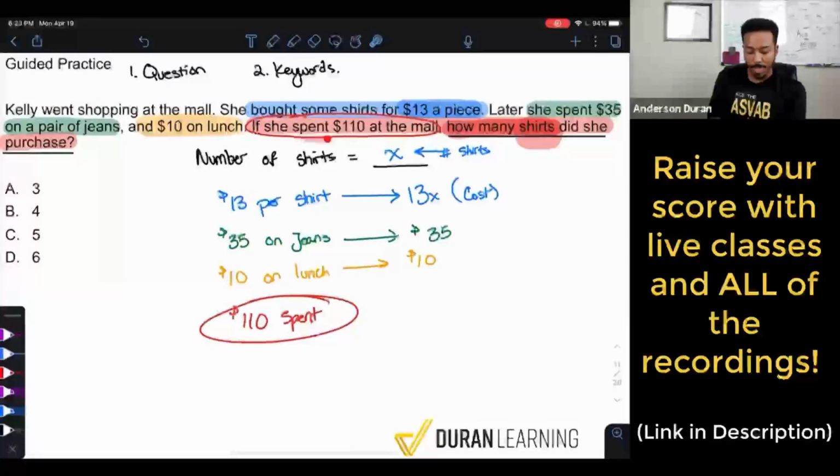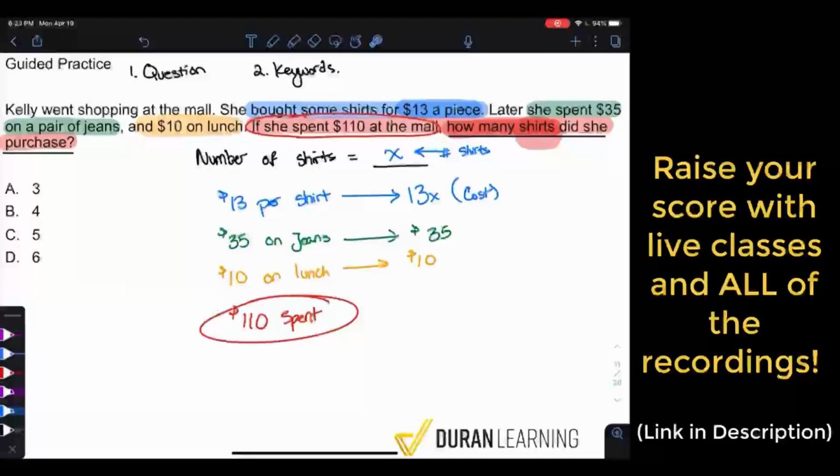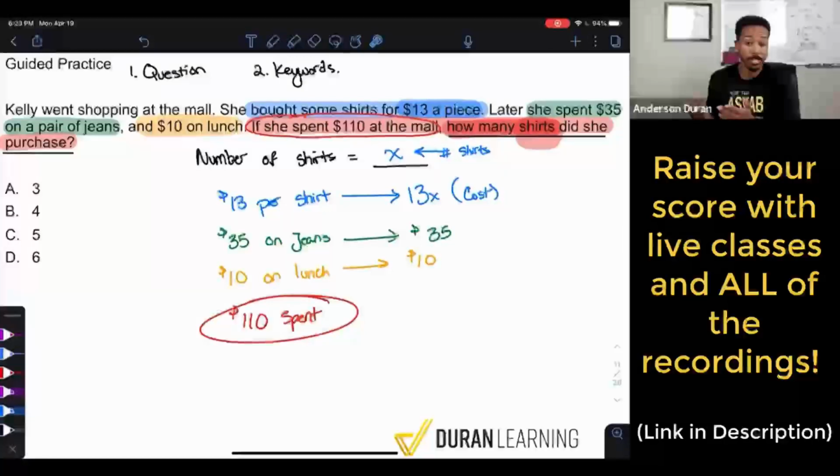So everybody, is the $110 what all of this would add up to? The shirts, the jeans, and the lunch. When we put all that together, $110, is that going to be it? Yeah. It is. Because again, we take the shirts, we take the jeans, we take the lunch, bring it together. That's going to be the amount that you spend at the mall, which is given to us as $110.